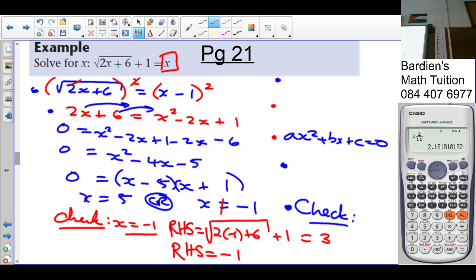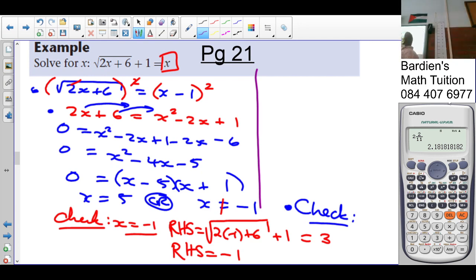The reason why this is actually the case is because, let's look at the left hand side. Let's go the square root of 2x plus 6 equals x minus 1. And x was minus 1.